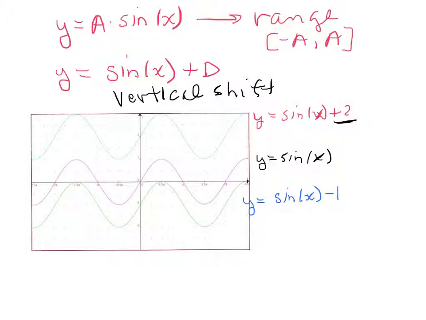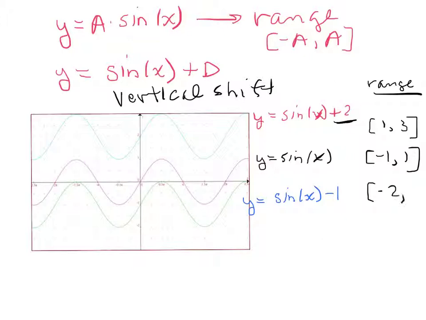Sine of x minus 1, everything gets moved down 1. And that also affects the range. So let's see if I can add this in here. Here's my range. So here the range is going to be from 1 to 3, minus 1 to 1, and here it's minus 2 to 0.